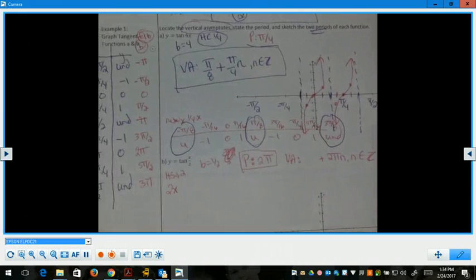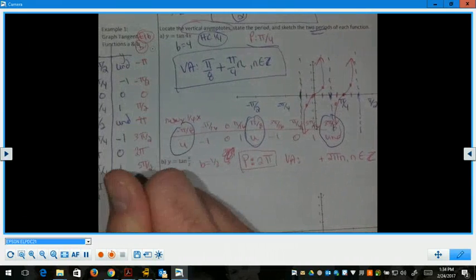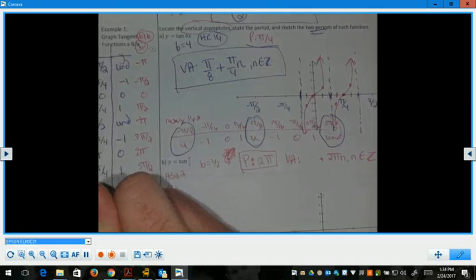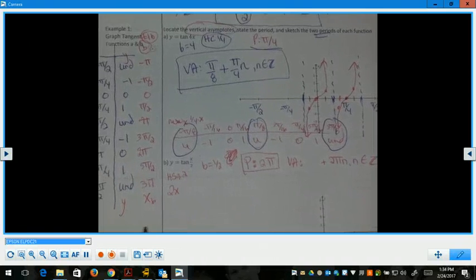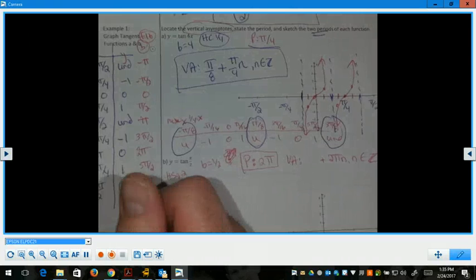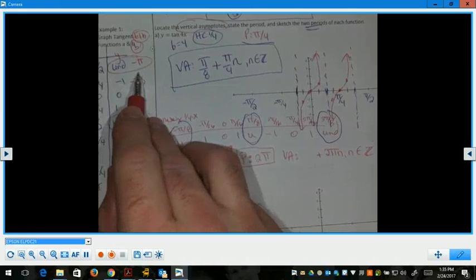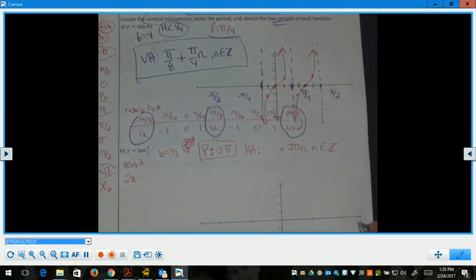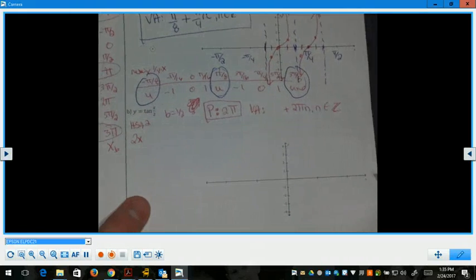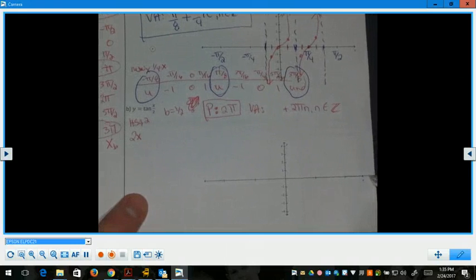So now, the tricky part with this is my x-coordinates are here on the left, and my y-coordinates are here on the right. The highest that I have to go to, and I want to first plot my asymptotes anyhow, the highest I have to go to is 3 pi, the lowest I have to go to is negative pi. So I'm actually going to just take my graph and extend it a little bit to make 3 pi out here.